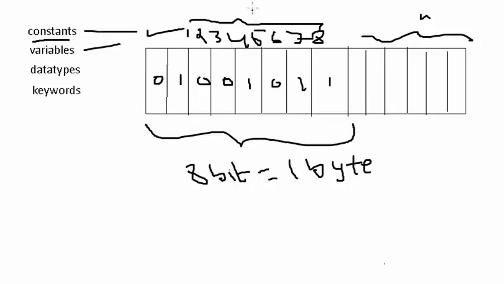For example, let's give a new name called x to this byte. So this name given to this memory address, or the name given to the memory location, is called a variable. So a variable is nothing but the name given to a memory location in order to access it easily.